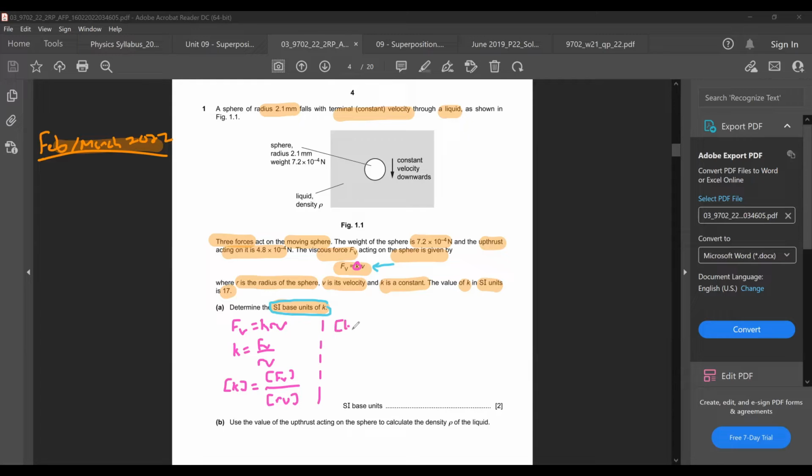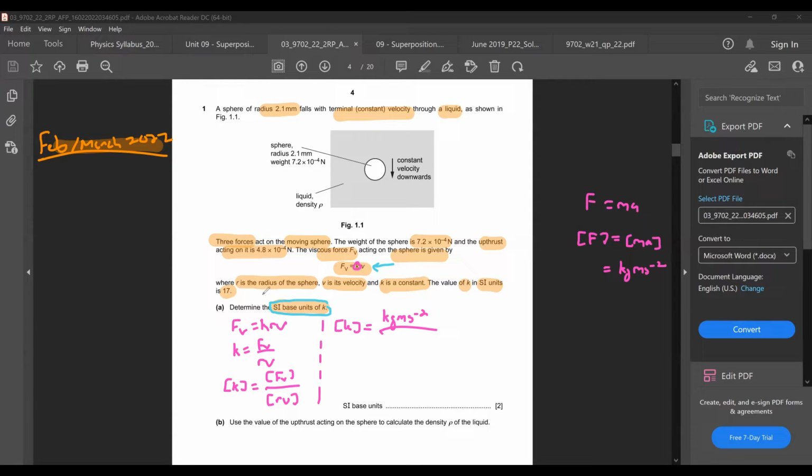So we know that unit of force is kg meter per second squared, because force is MA, right? So unit of force is unit of MA. So it's kg meter per second squared. So unit of force I know is kg meter per second squared.